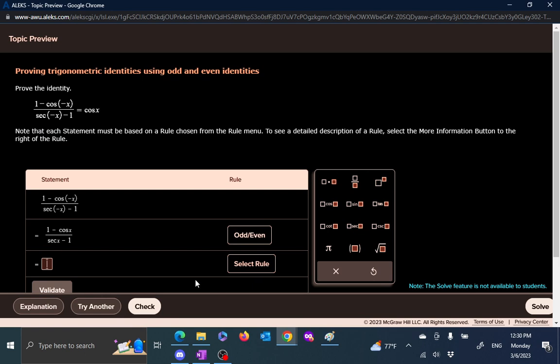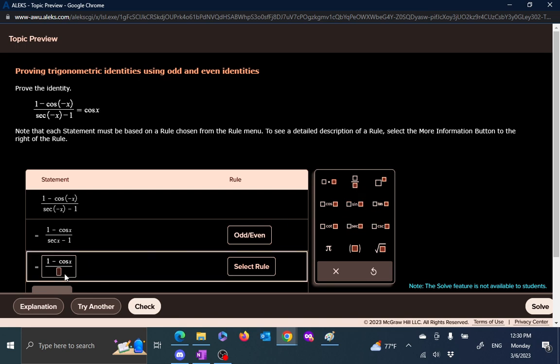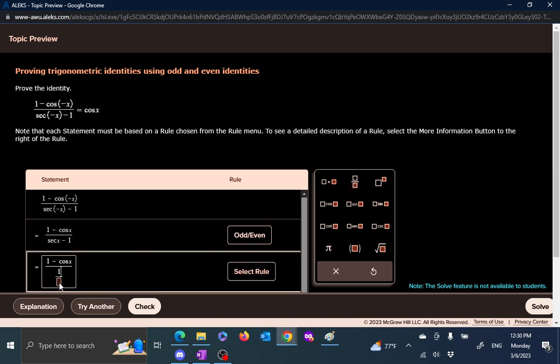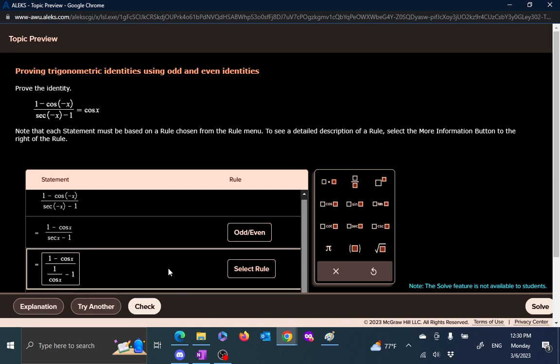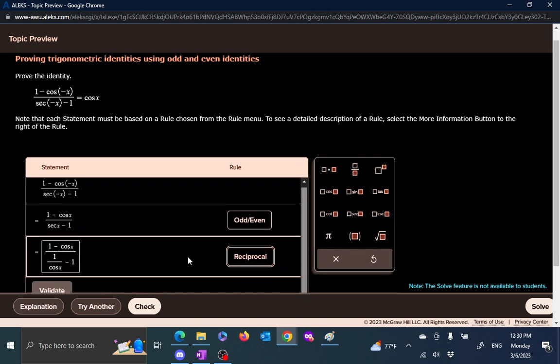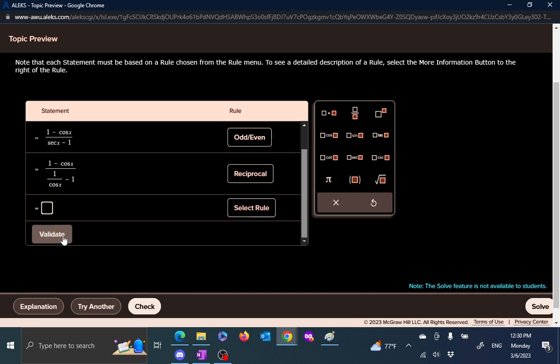I have a fraction, the numerator is 1 minus cosine of x, and in the denominator I have a fraction. Let's see if that works. 1 over cosine of x, and then minus 1. So what did I do? I used the reciprocal, because for secant I wrote 1 over cosine. So is that fine? No problem there.